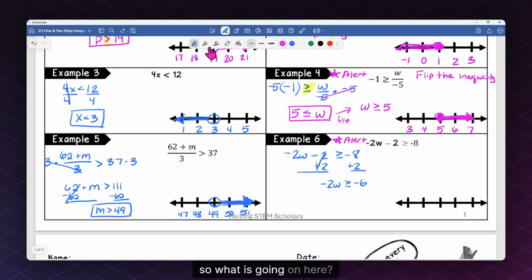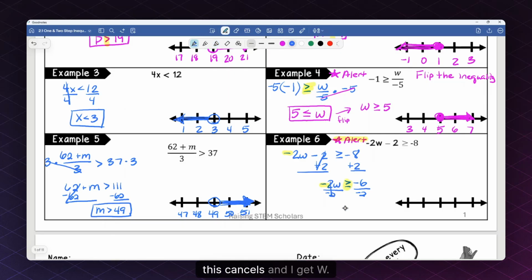Okay, so what is going on here? We have a negative in front of that 2 that's attached to the w. So what that means is when I divide by negative 2, I am going to have to flip my sign. Okay, so the sign here, I'm going to flip it.